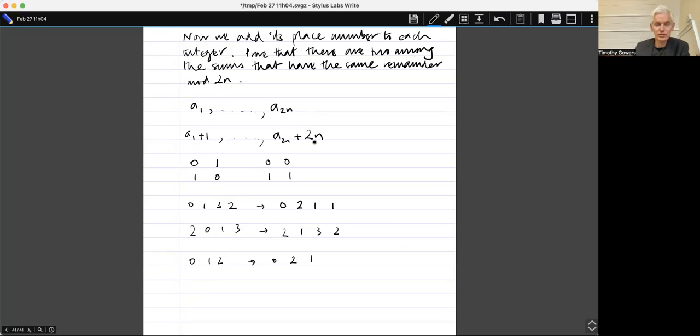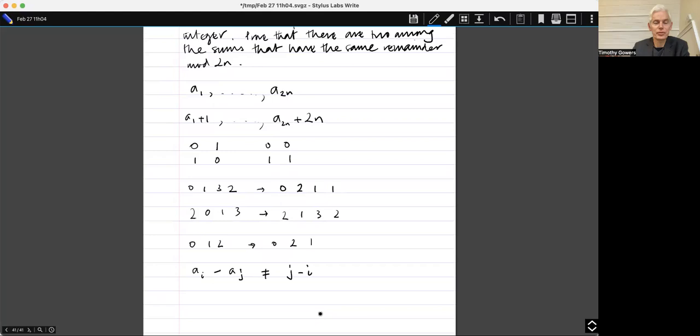These must all be, if we want all these to be distinct, that's telling us that AI minus AJ must never equal J minus I, because then AI plus I will equal AJ plus J. Is that a helpful way of thinking about it?